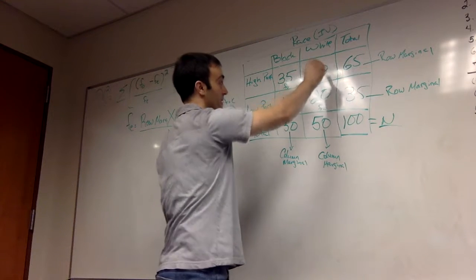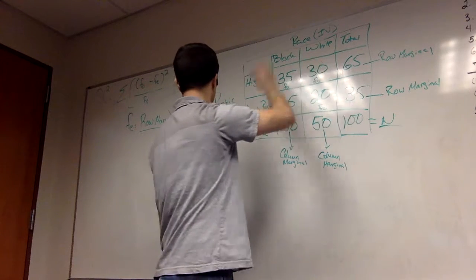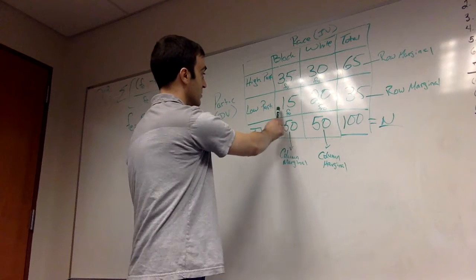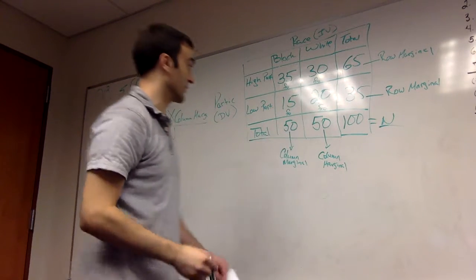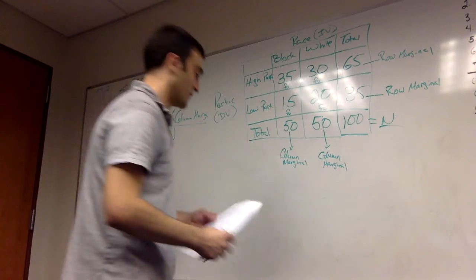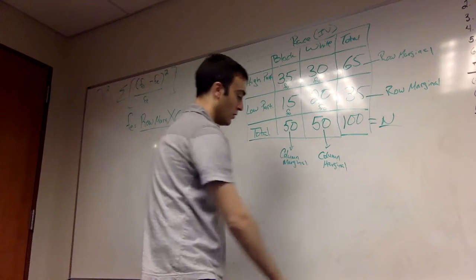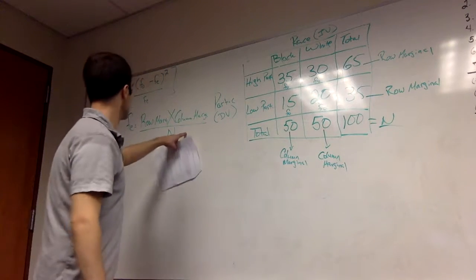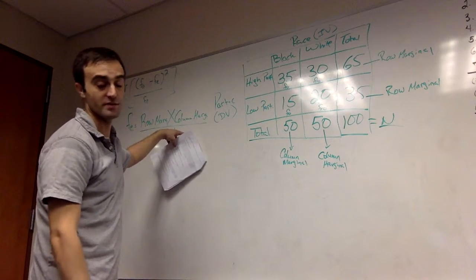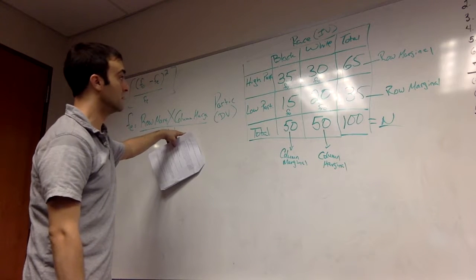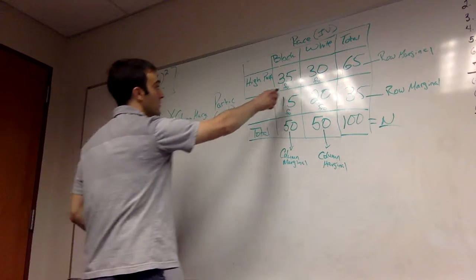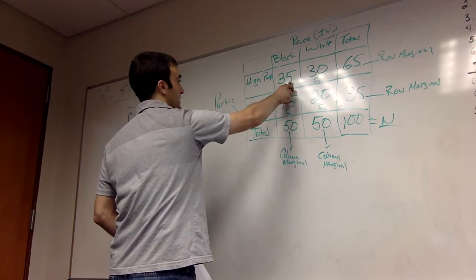We observed 30, but if there's no relationship, what number should we see in that cell? And so on for the 15 and the 20. The way to figure out what we should see in each cell is to use this equation for each substantive cell in our table. So if you go clockwise, we will start with high participating blacks.